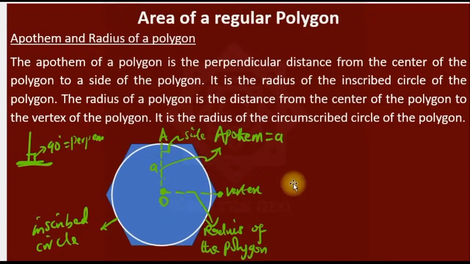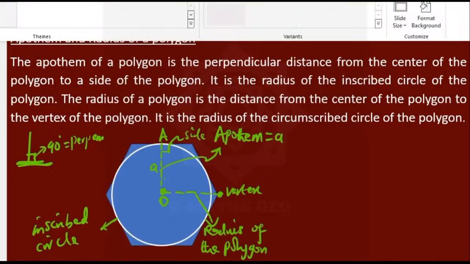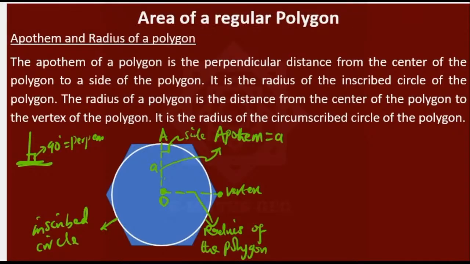Okay, let me just scale. If you draw a circle, let me use red, that passes through the vertices, do you see it?